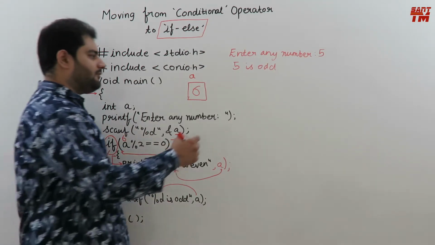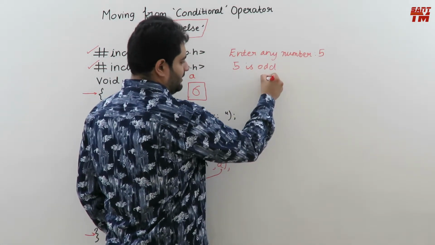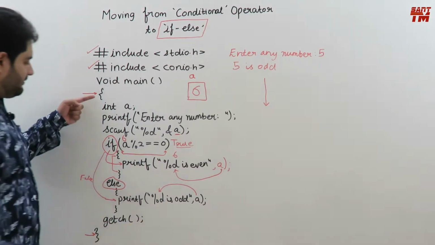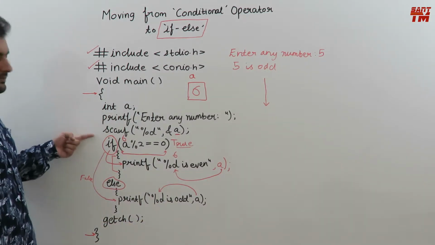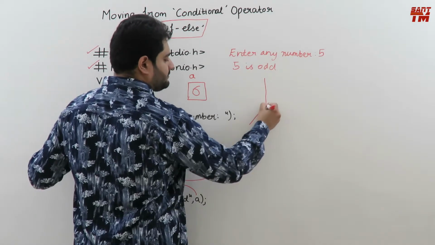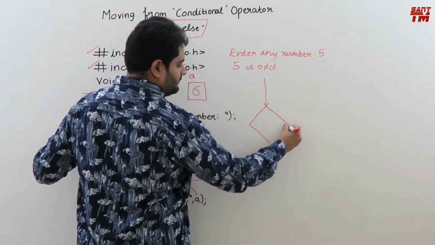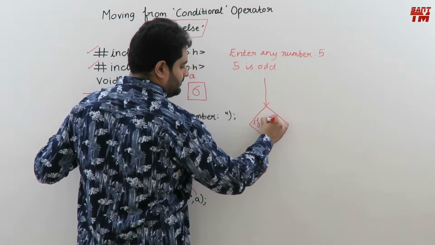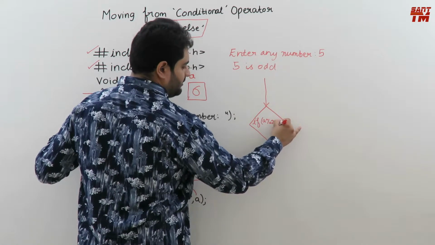So if you follow the flowchart of if else, this is our program running. We are coming from the top, just like we executed the statements from the top. Now till this point I have two ways. I have written if a % 2 equal to 0.